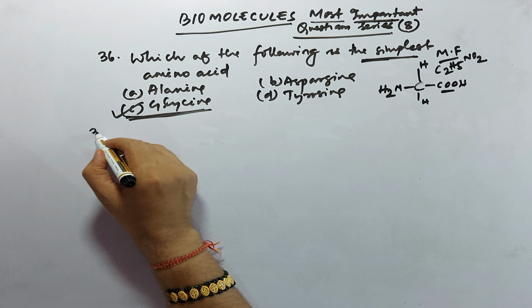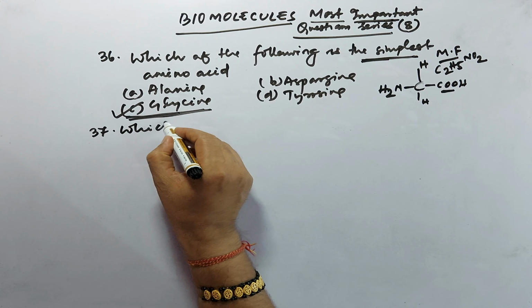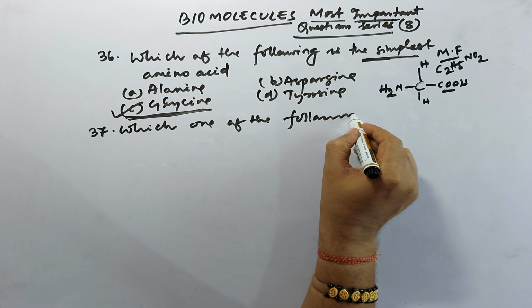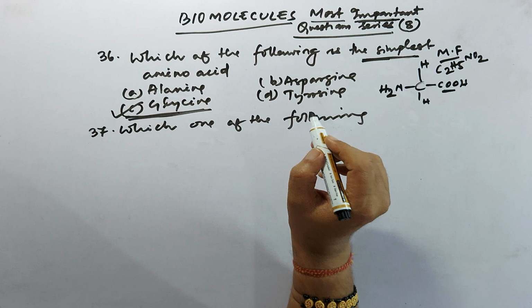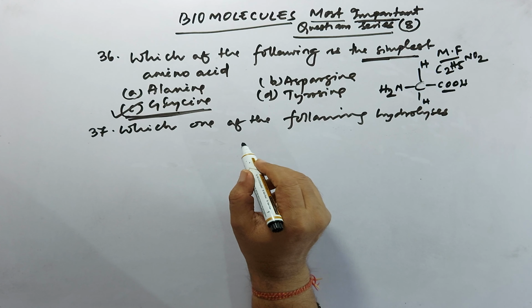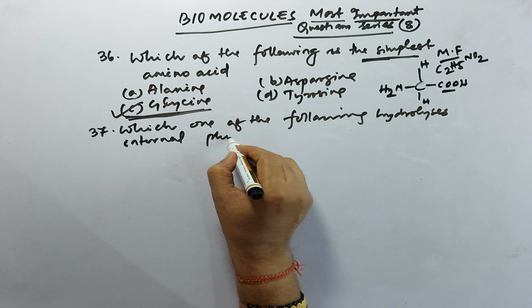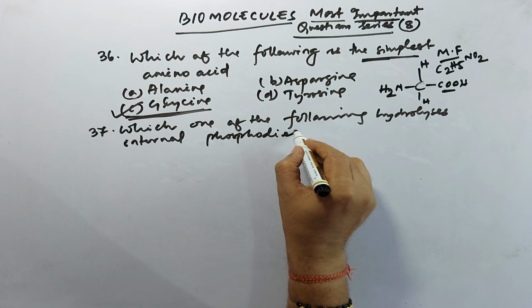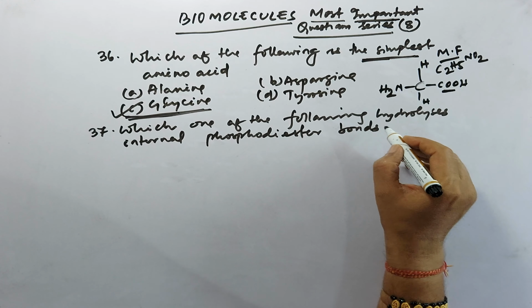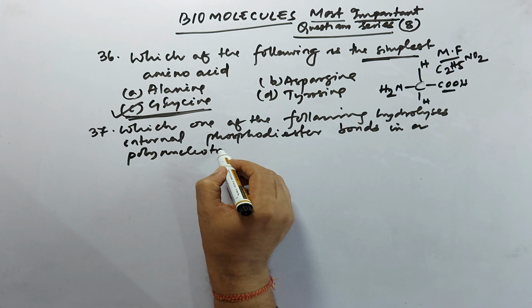And then question number 37. Which one of the following hydrolyzes internal phosphodiester bonds in a polynucleotide chain?